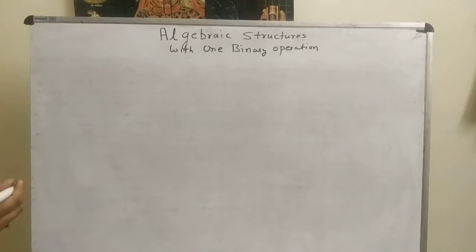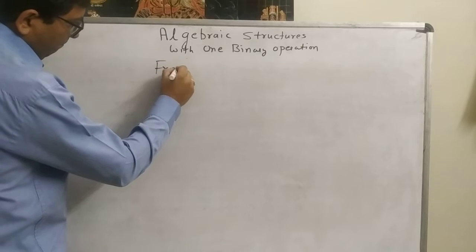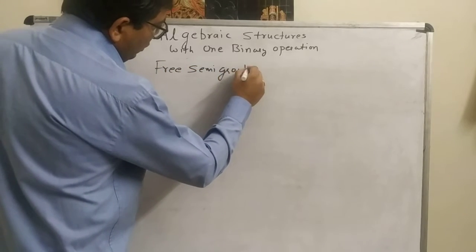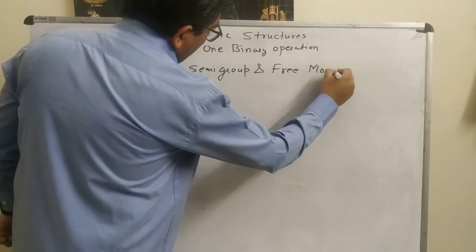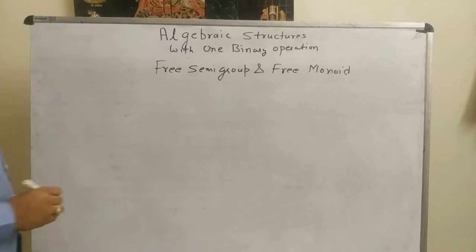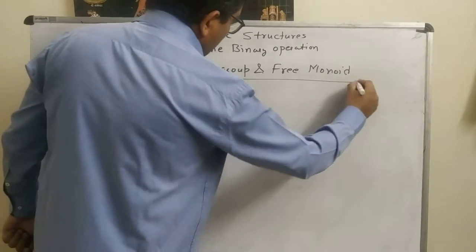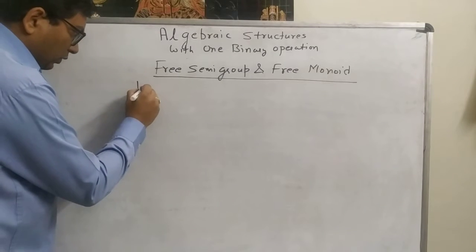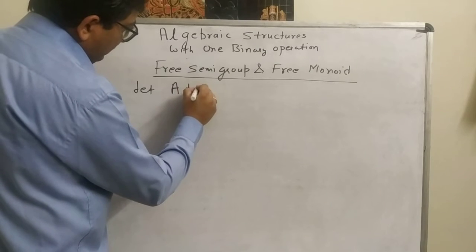In today's lecture, we will discuss free semigroup and free monoid. So, to understand these free semigroups and free monoids, let's take a set A, and this set is a non-empty set.